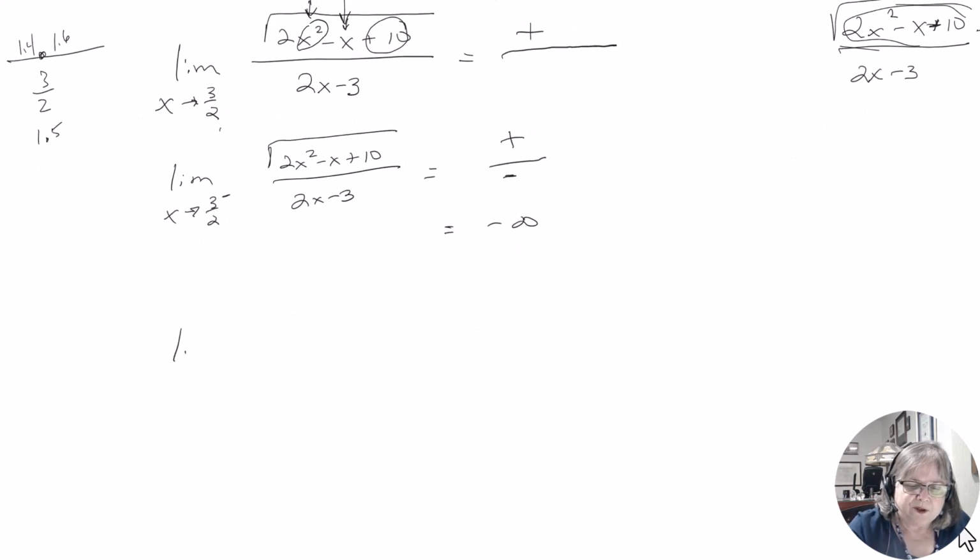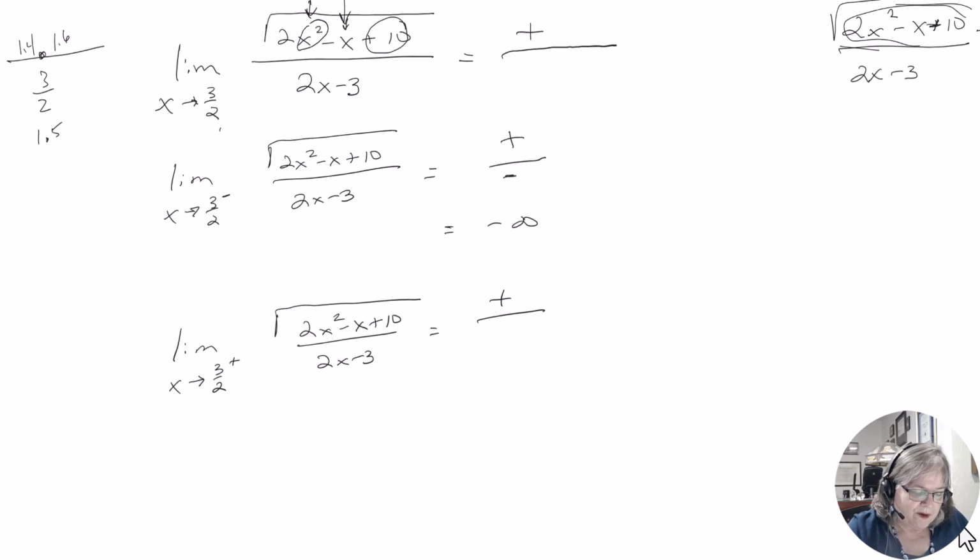And when you approach it from the right, this is still positive in the numerator, but you're going to get a tiny positive down here.